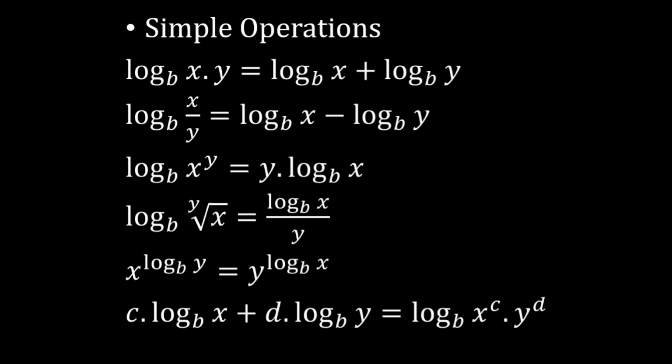Logarithm of x to the power of y to the base b equals y times logarithm of x to the base b. Logarithm of the y-th root of x to the base b equals logarithm of x to the base b over y.